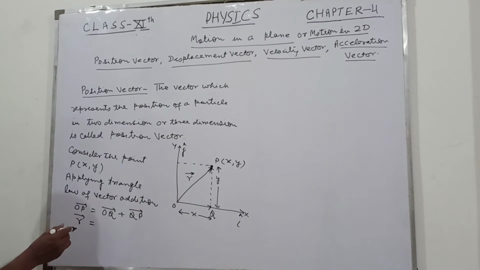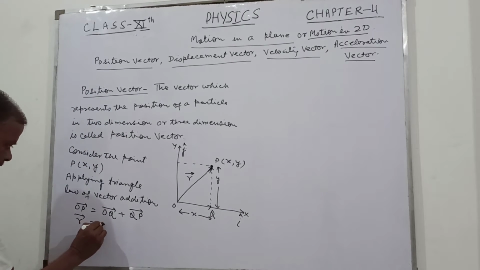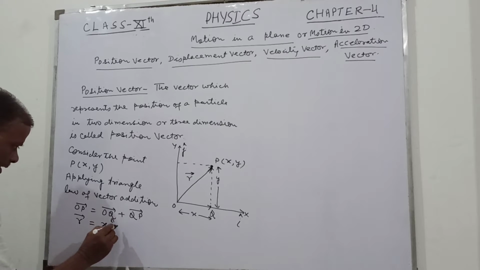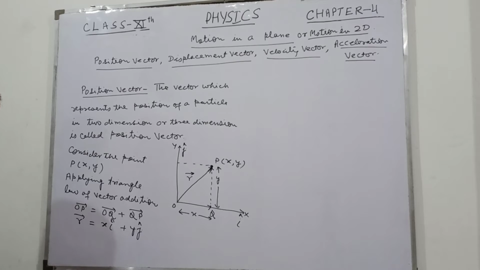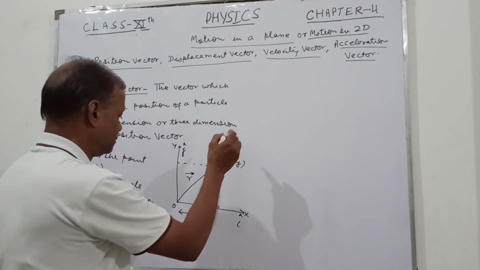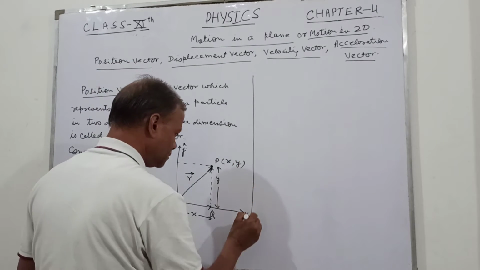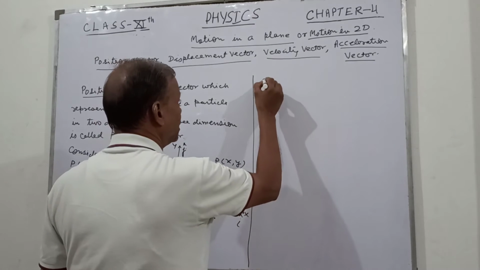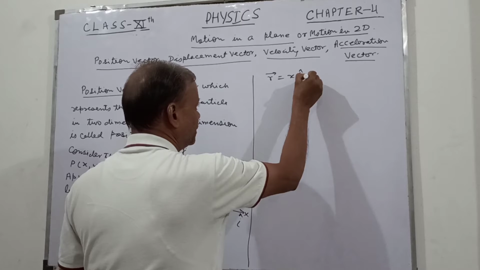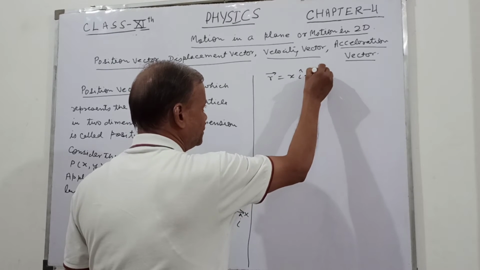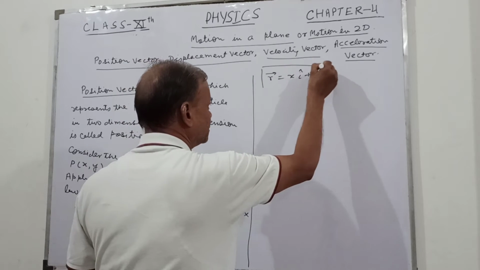So we can write x i plus y j. So R equals x i plus y j. This is now the position vector.